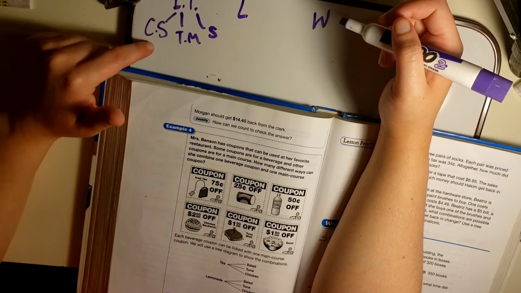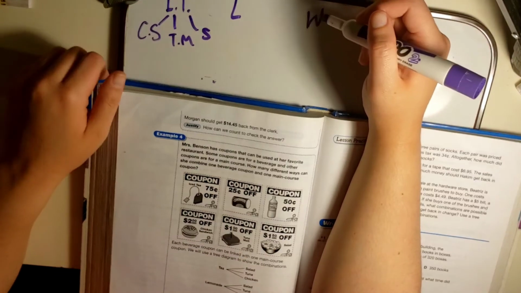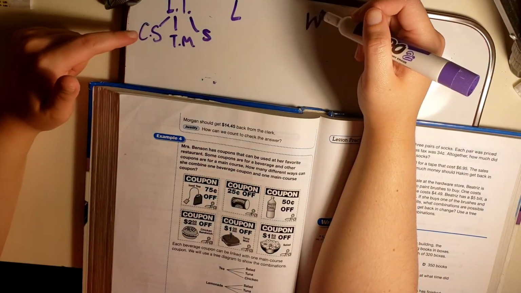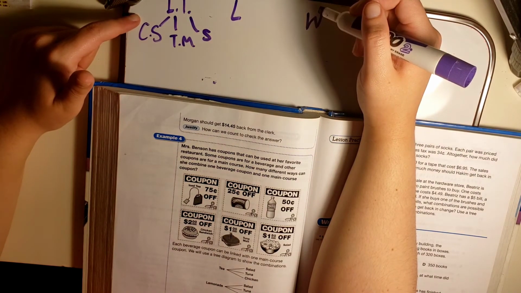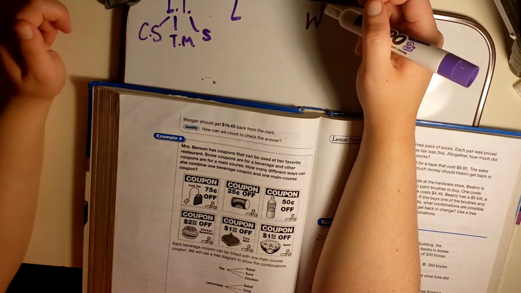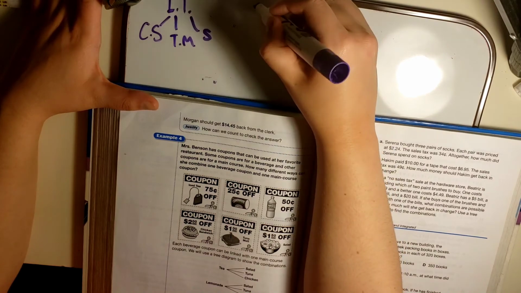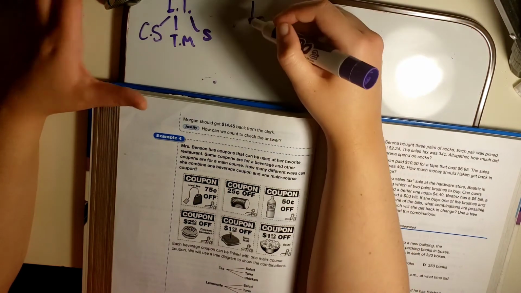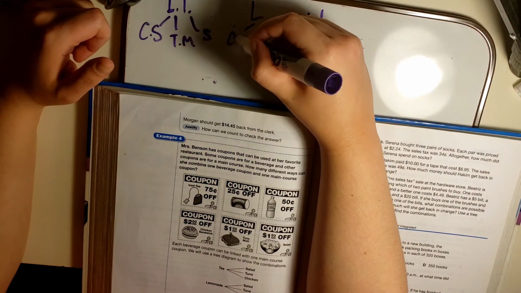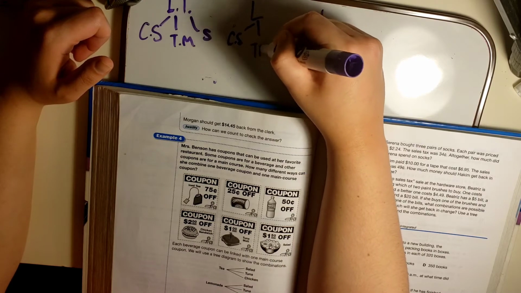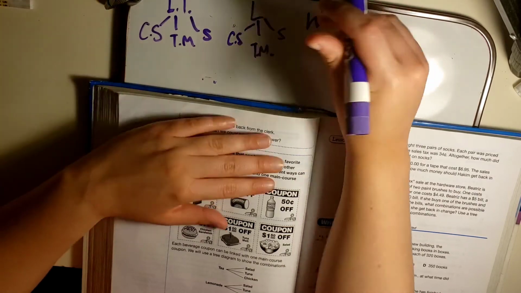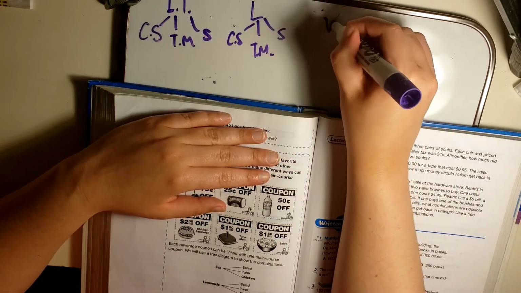Alright, so already we have iced tea with chicken sandwich, tuna melt, and salad. Next we have, I'm going to scoot this over. Next we have our lemonade, and we're going to just do the same thing. We have chicken sandwich, tuna melt, and salad. And then we have our water. Same thing.